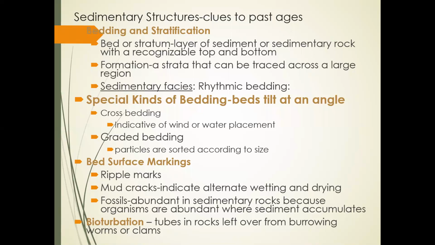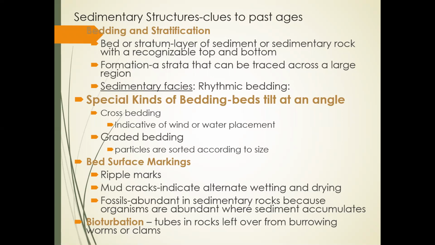So we call those layers strata. Strata is Latin for layer. So these are layers of sedimentary rocks that have a recognizable top and bottom. Those layers represent a particular depositional episode in Earth's history, and they can be thick, they can be thin, they can be interbedded, thick with thin, layer after layer after layer of different sizes.